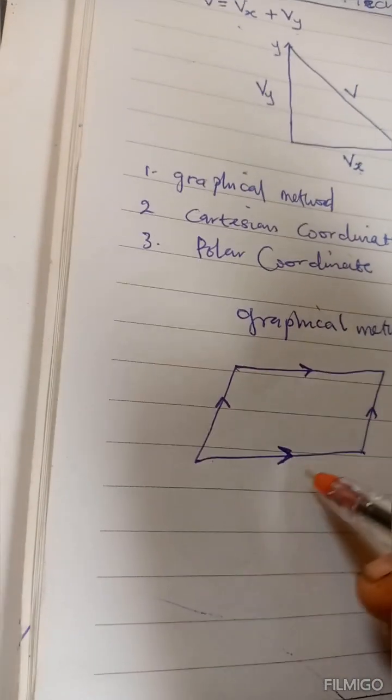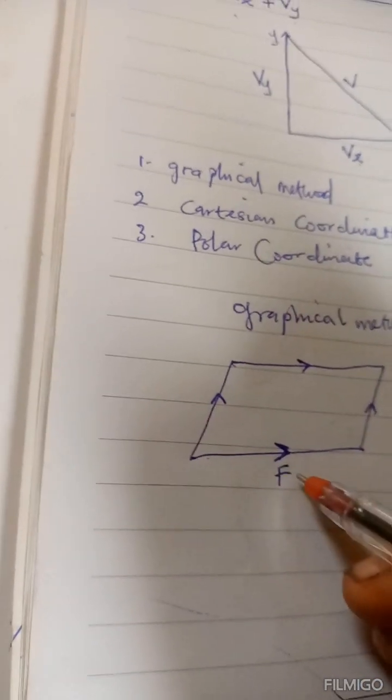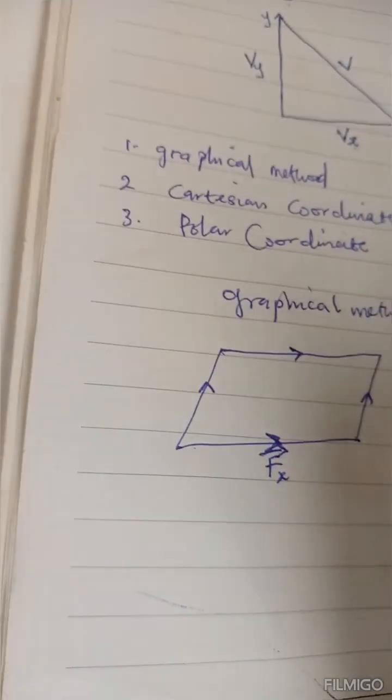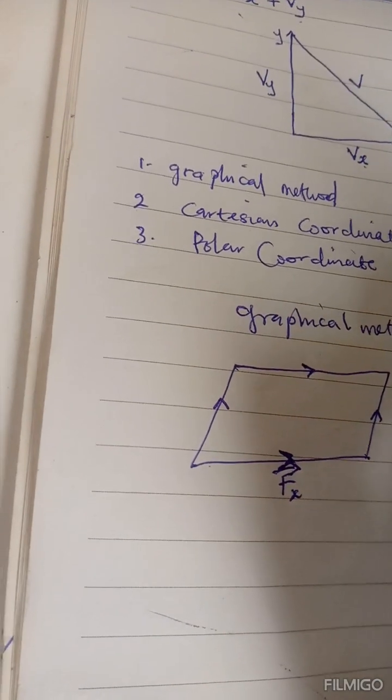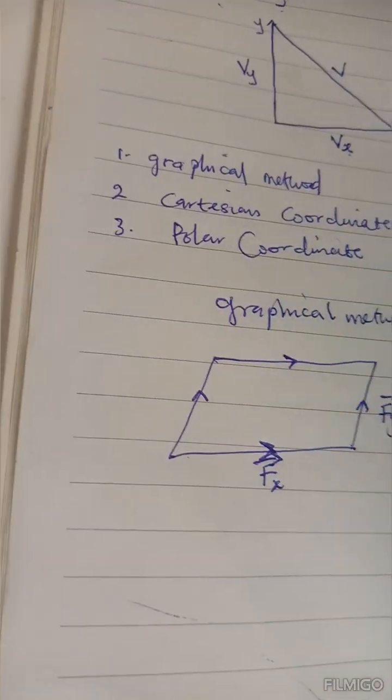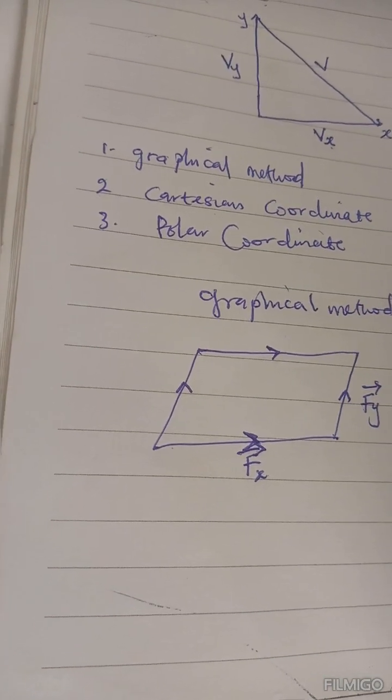I can use F: this is Fx, then I have my arrow at the top, and this is Fy because it's moving along the vertical axis.